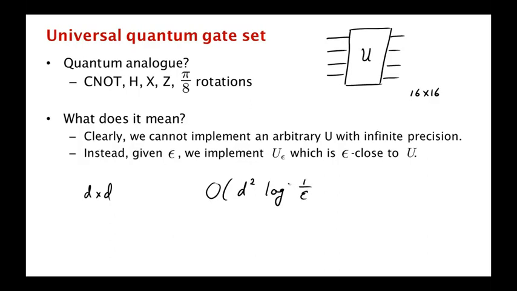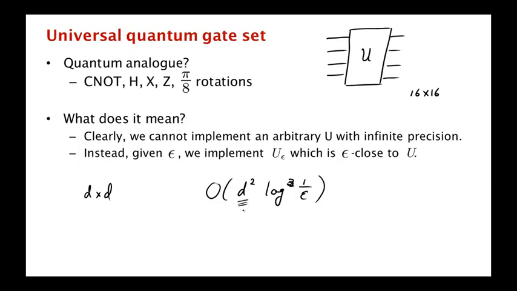So certainly log cube works, let's say log cube, just to be on the safe side. So the dependence on D and epsilon is mild. Now I claim that something like this dependence on D squared is really necessary, because just by a counting argument, there are lots of unitary transformations which are D by D, and these are only 5 gates. So how can you express all of them unless you pay such an overhead?